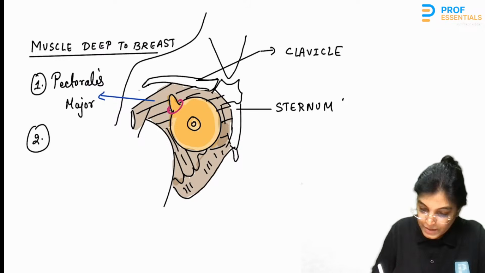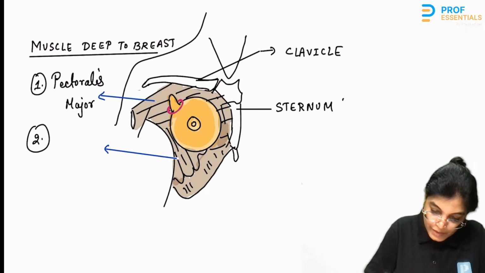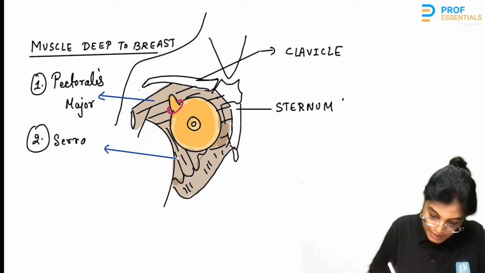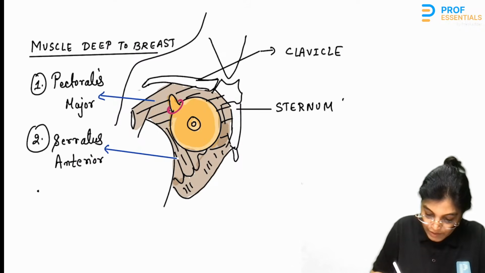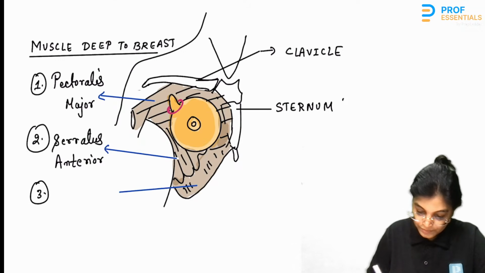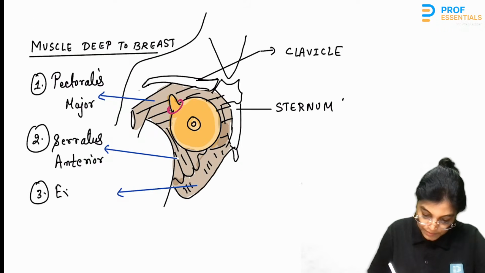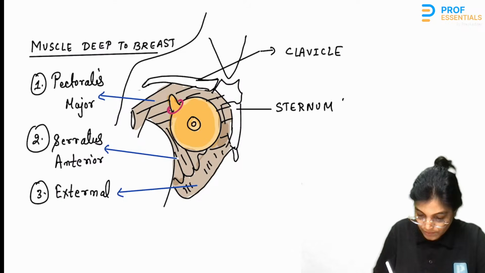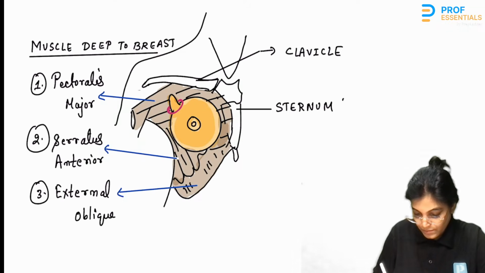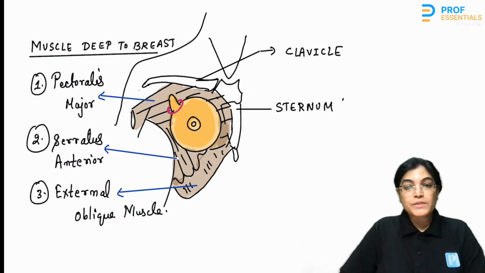The serrated-shaped muscle is the serratus anterior muscle. And the third muscle is the external oblique muscle. So write down, the third muscle is external oblique muscle. These three muscles are related to the deeper aspect of the breast.